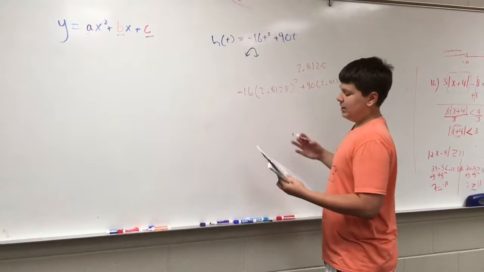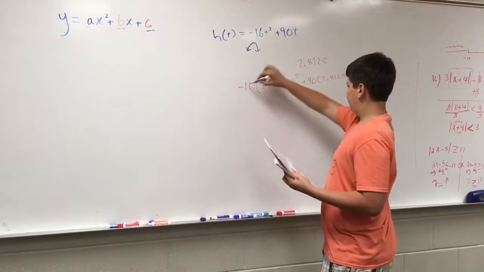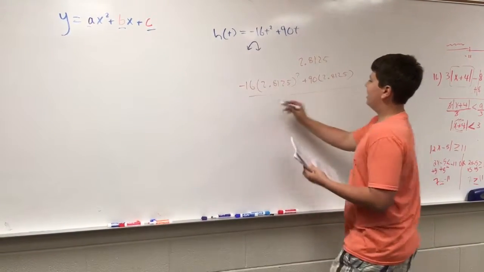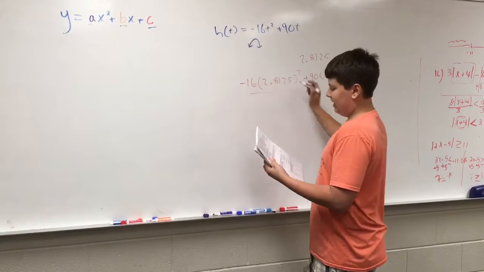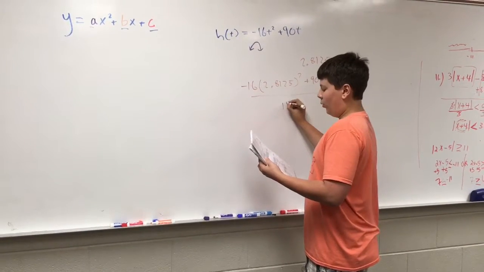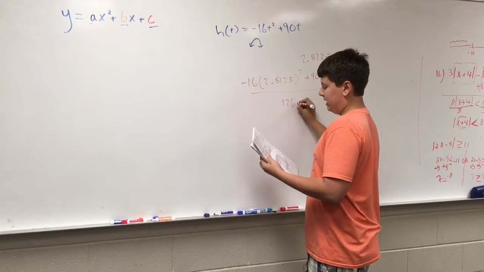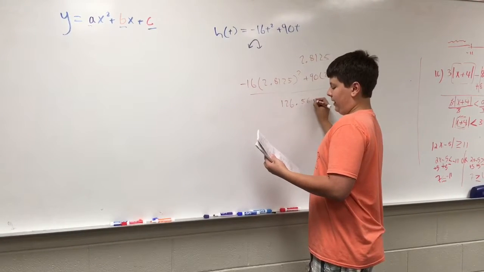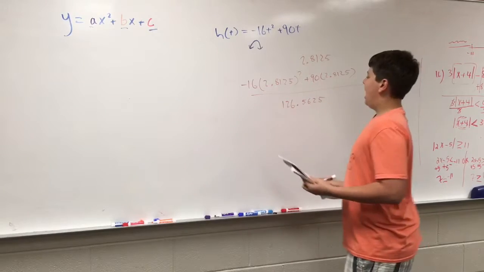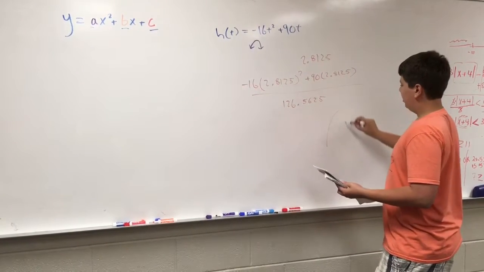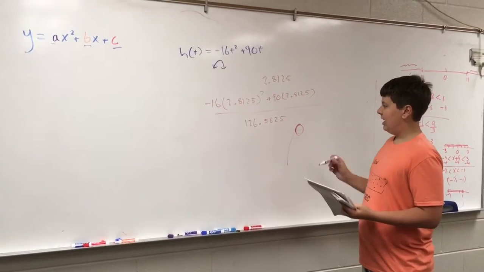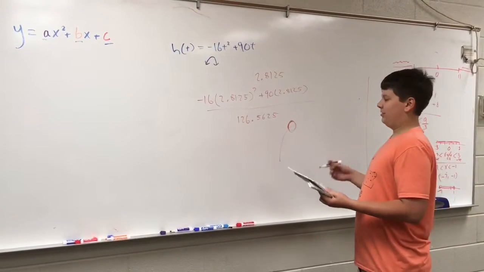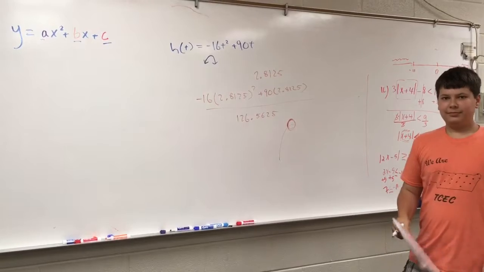Once you simplify all of this, which I don't want to do all the math right now, you add these two together, and it's going to end up to be 126.5625. That's the actual height: 126 feet and 5625 ten-thousandths, and that's it.